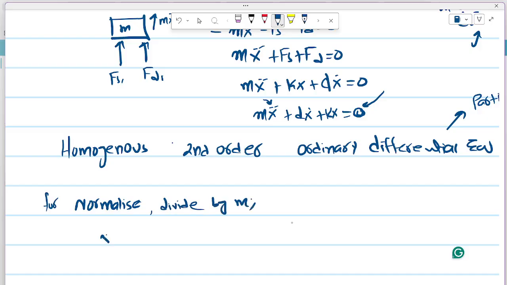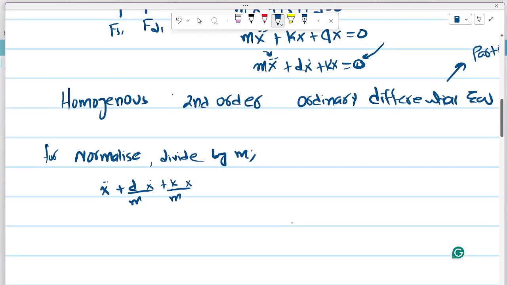It will become x double dot plus d over m x dot plus k over m x. Now substitute here: this k over m is equal to omega square, and this d over m is equal to 2 times the damping coefficient.